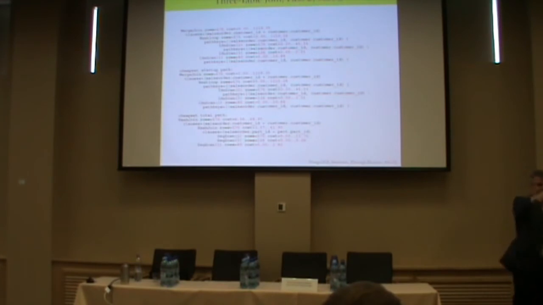Other questions? Yes, sir. How does the optimizer choose the index for an index scan? So effectively, every table potentially can be sequentially scanned, because you don't need an index to do a sequential scan. The data is there, just do a sequential scan.